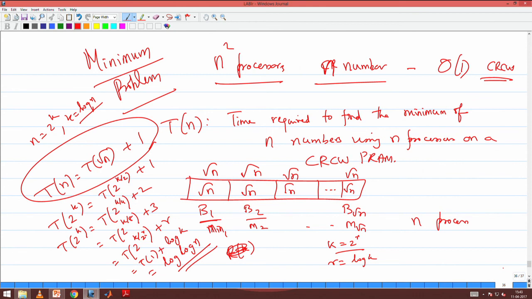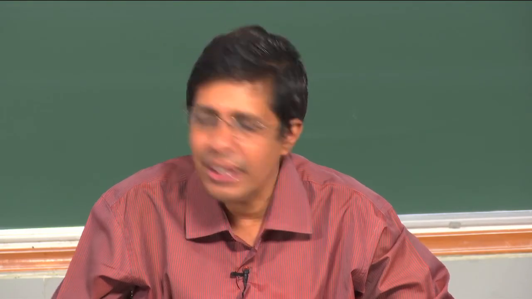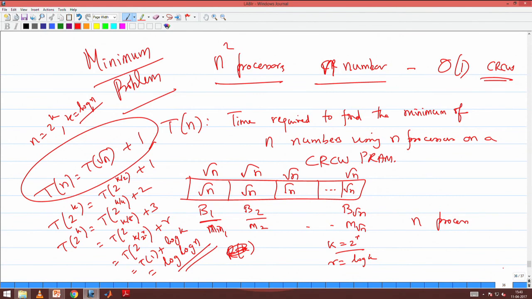So the idea is that if I have n processors and n numbers, I will split it into chunks of root n each and give root n processors to each one of them. After that I will finish off in T(root n). After that I will get root n numbers and I will have now n processors. Root n numbers and n processors will take constant time. So that is how you get this 1 here.